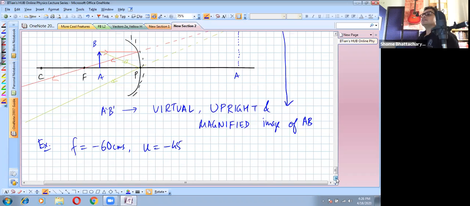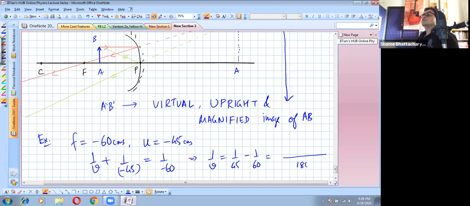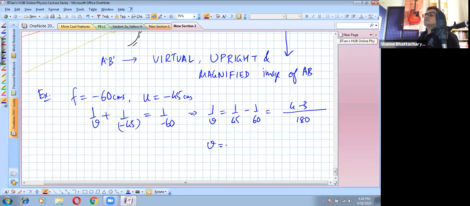So we'll see what we'll get as our V. We get 1 by V plus 1 by U is equal to 1 by F. So we are getting V as plus 180.